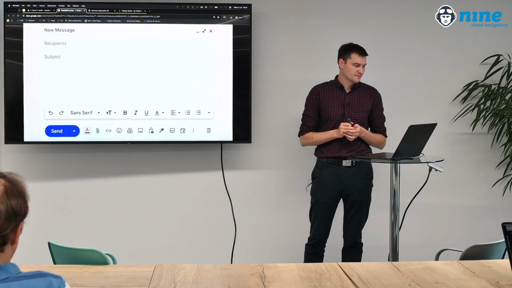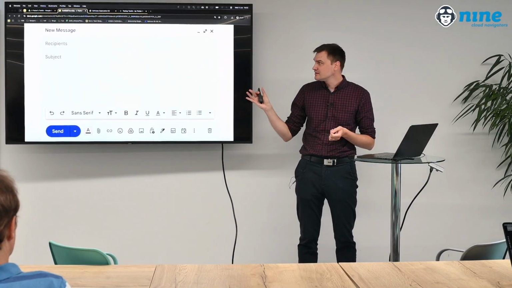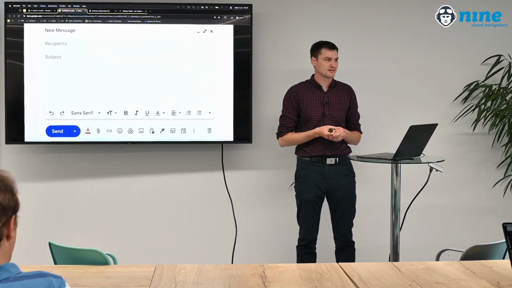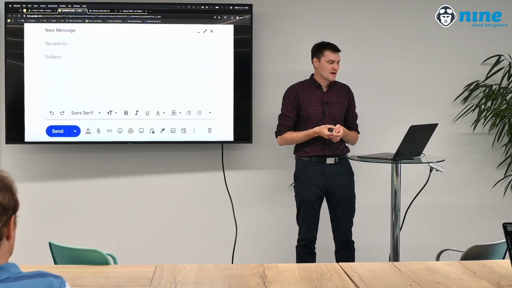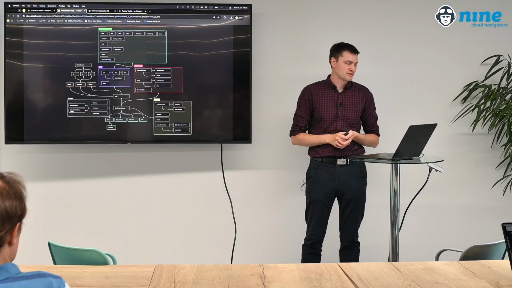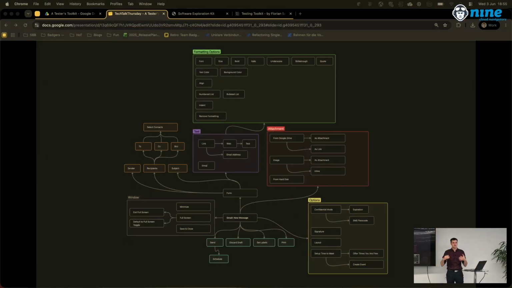Here's an example: this is Gmail, the dialog to create a new email, right? I think a lot of you have seen that, and it looks really simple. But if you map that to what it can do, to its capabilities, you end up with something like that. And this is what I call a feature map. It's like a mind map with different groups and their capabilities.